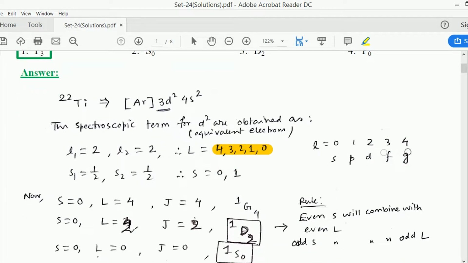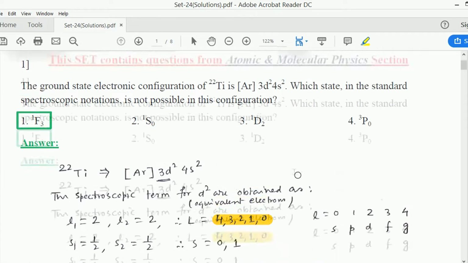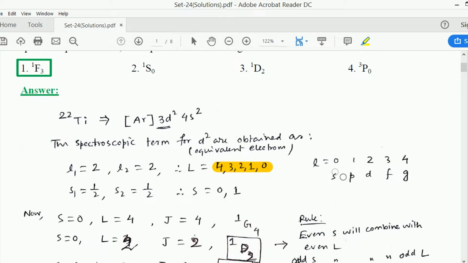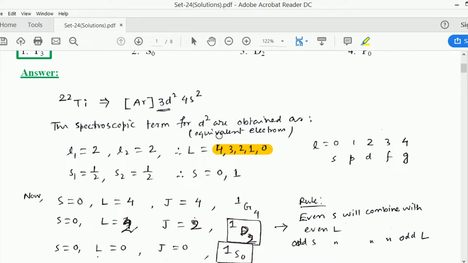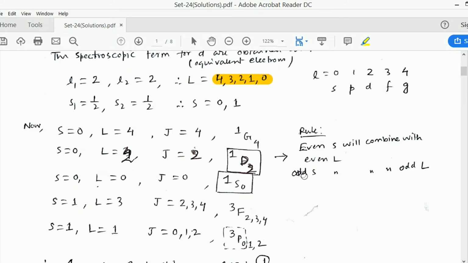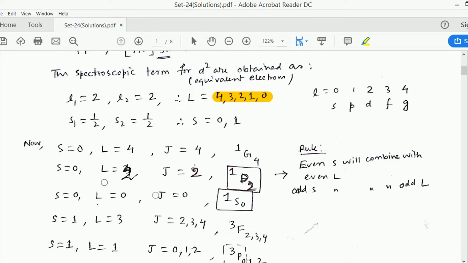And as you can see, if L equals 0, 1, 2, 3, 4, then the angular quantum number or term becomes S, P, D, F, G correspondingly. Now for this type of equivalent electrons problem, we should remember this rule: even S will combine with even L, and odd S will combine with odd L. The same thing we have done here.